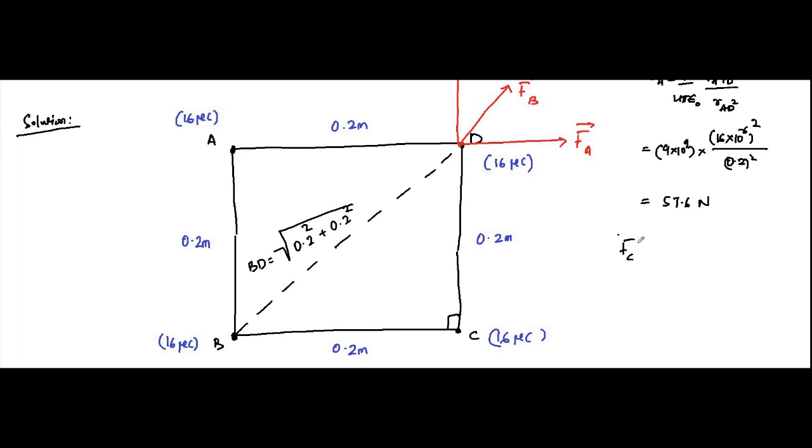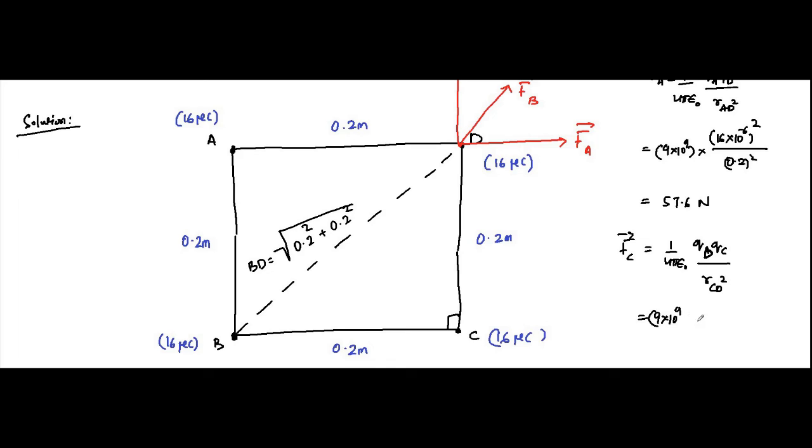Same will be the value of FC. FC will also be equal, because all the values are the same: 1 by 4 pi epsilon 0 QD QC by RCD whole square. Same 9 into 10 to the power 9.